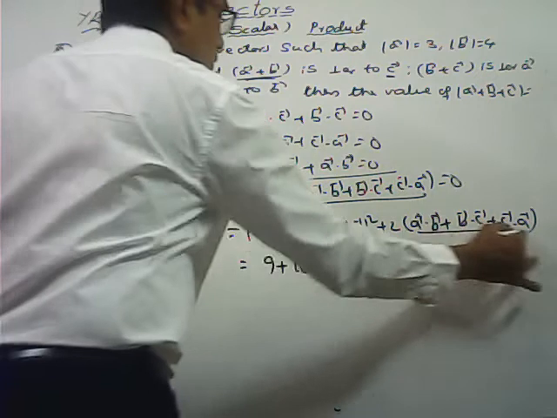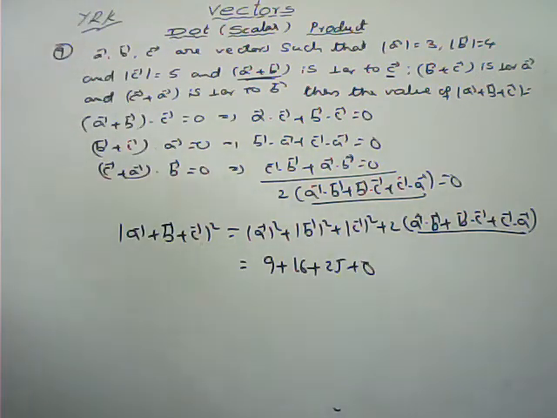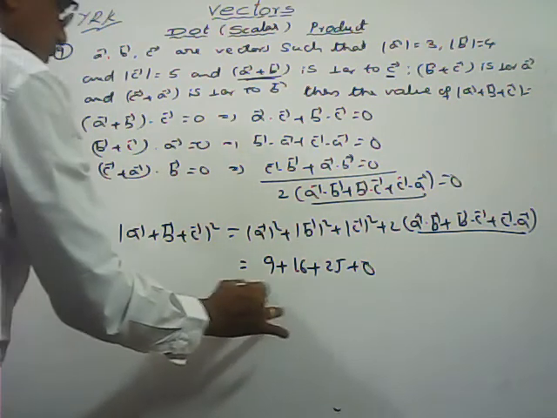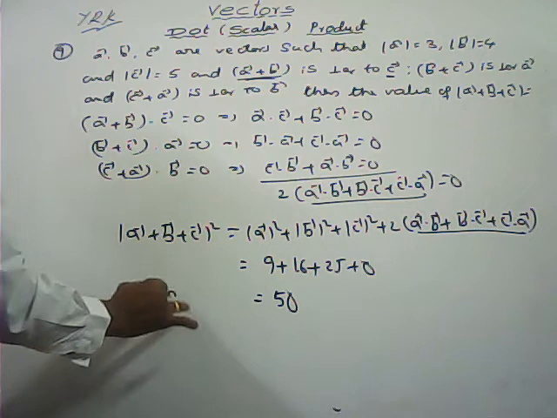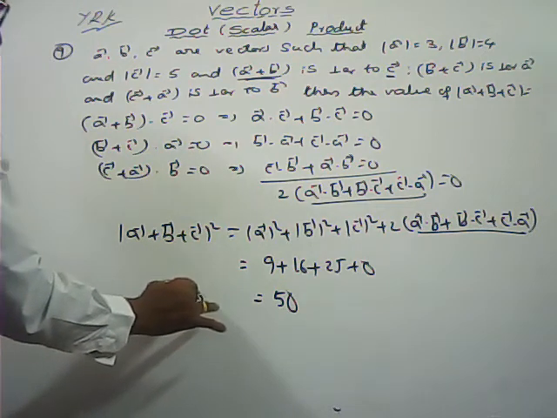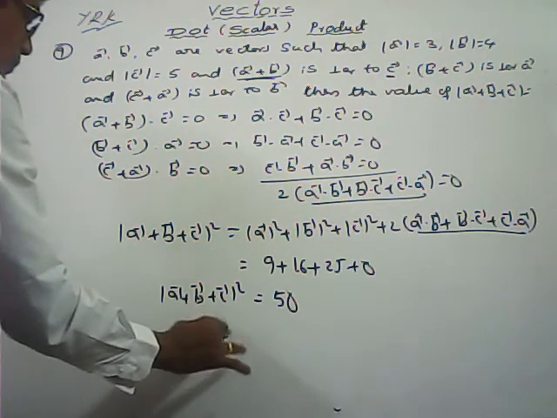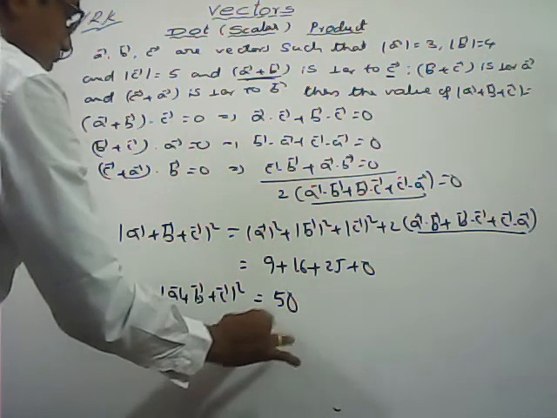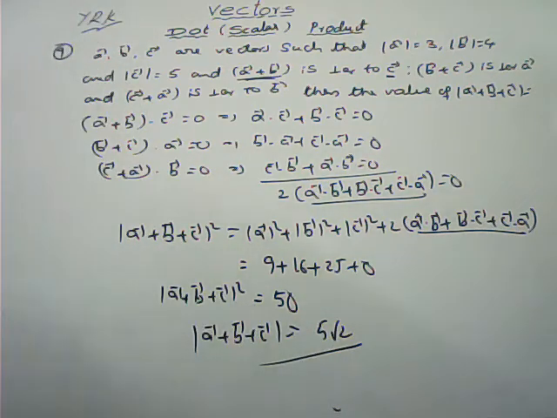What about the sum of these terms? 2 into that one, 0. 25 plus 25, 50. This is modulus of a bar plus b bar plus c bar square. So modulus of a bar plus b bar plus c bar is equal to square root of 50, that is 5 root 2.